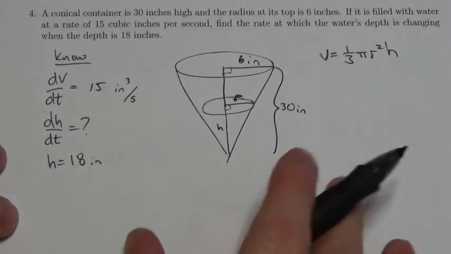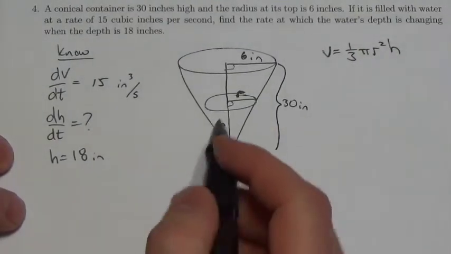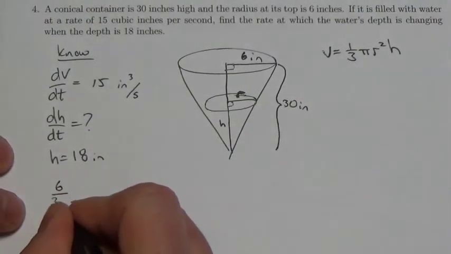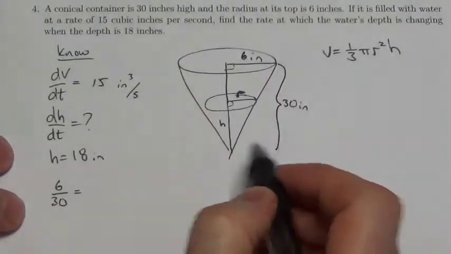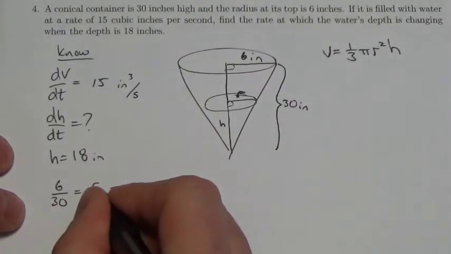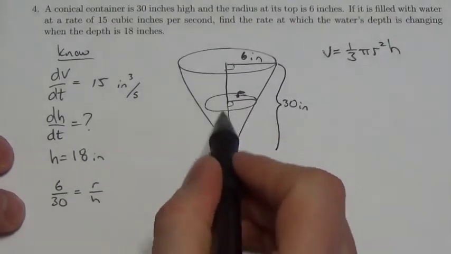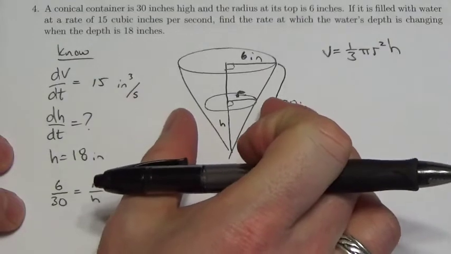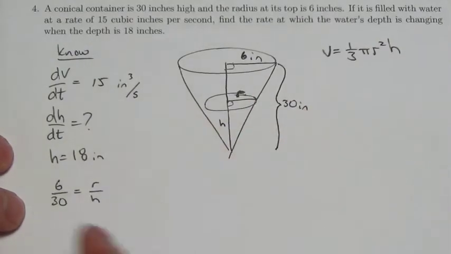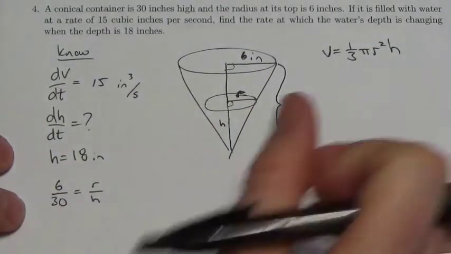So I know, based on that, that the radius to height of the whole conical container should be equal to the radius to height of the water, that conical bit of water right there. And so I can use that to do a substitution here.